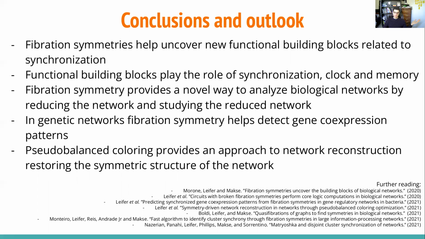Then the next thing is that, in genetic networks, fibration symmetry can help detect gene coexpression patterns and can help detect some missing links, or give an idea for some missing links. And the last thing I want to say is that pseudo-balanced coloring, what I just described, provides an approach to network reconstruction that restores the symmetric structure of the network.